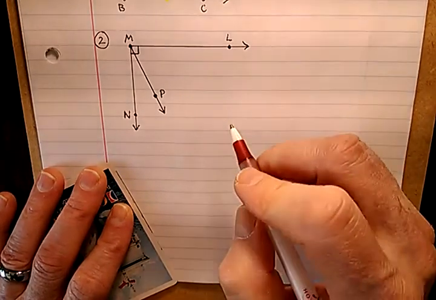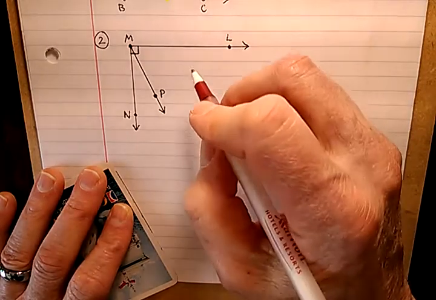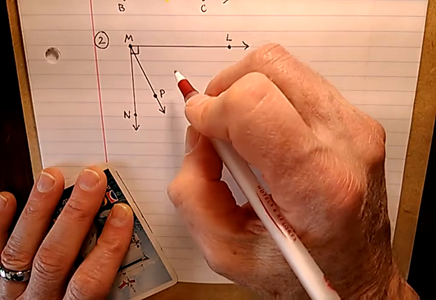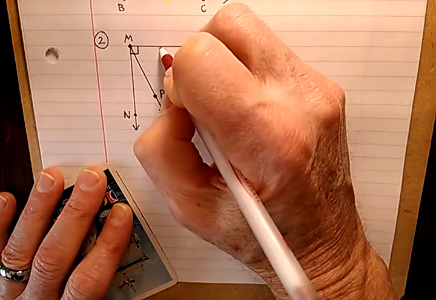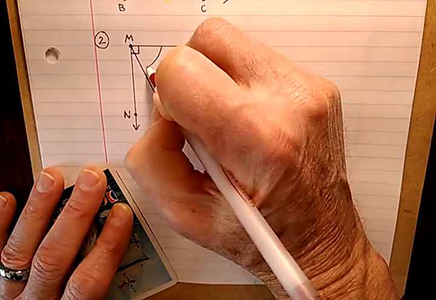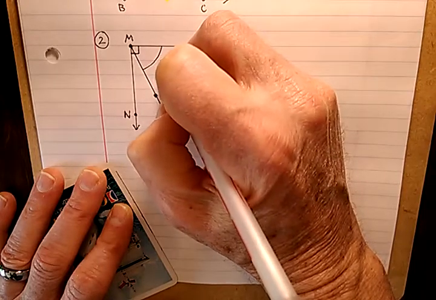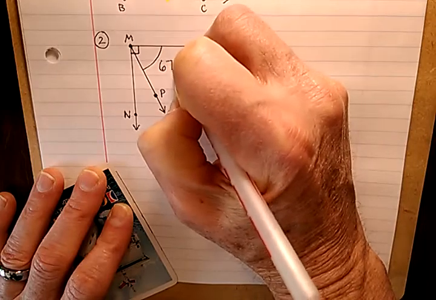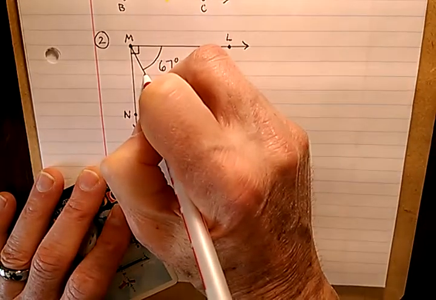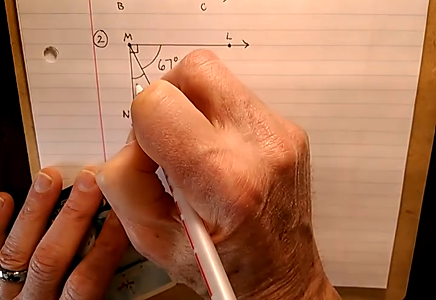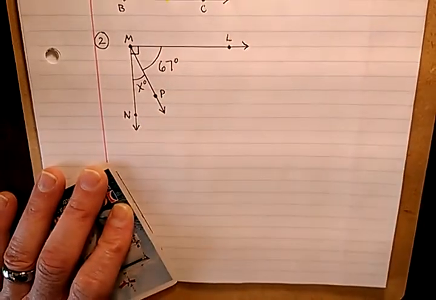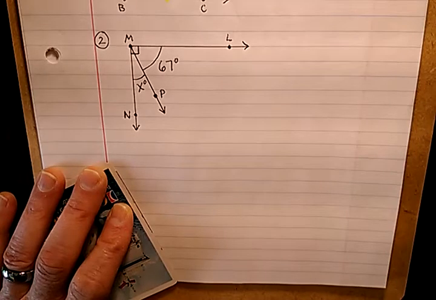So this time we're going to say that we have an angle here which is 67 degrees. And then we have an angle here which is X degrees. We don't know what that angle is.